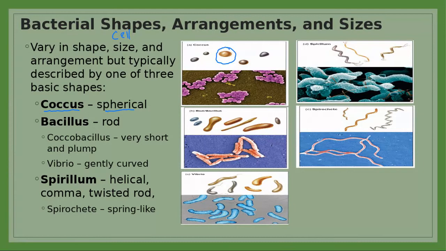And if you see, sometimes they also join together. So many cells bind together to make this group of cells. But each individual cell over here has a round shape. So this is what we call the coccus bacteria.